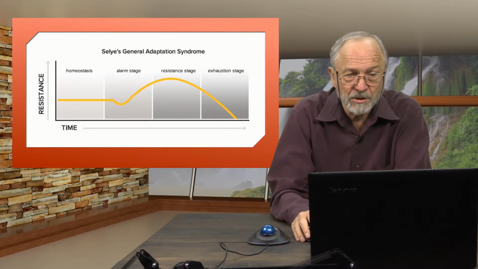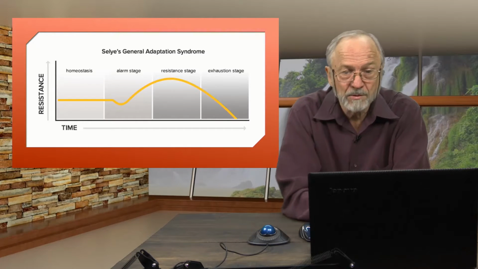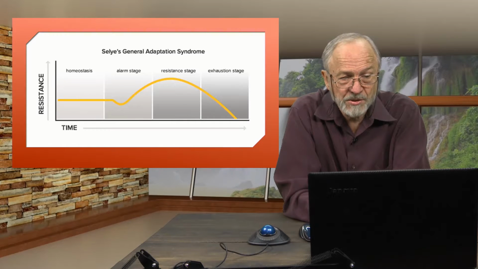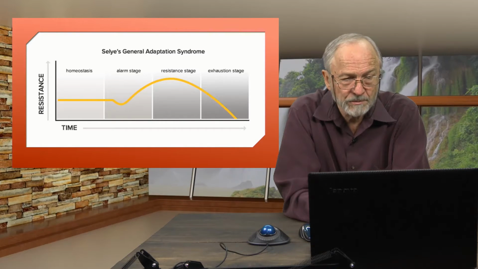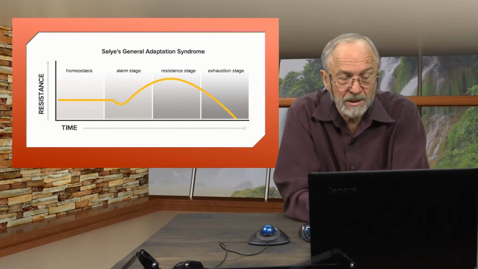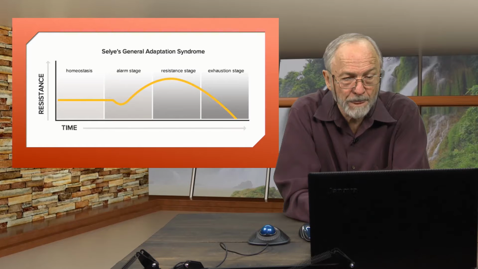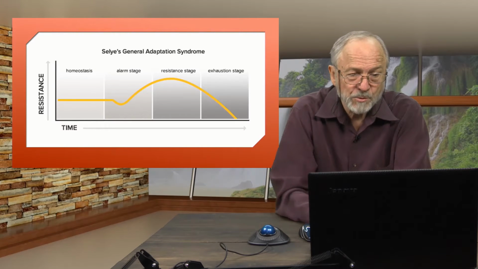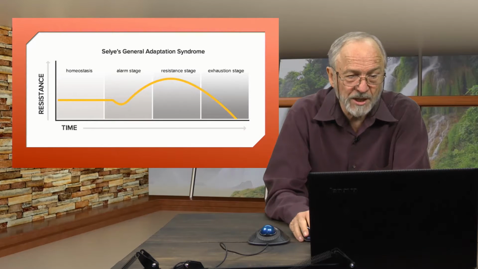But first, let's look at some of the effects of the resistance stage. Allergies, sore throats, sleep disorders, high blood pressure, infections, herpes, arthritis, and lupus. Now let's move on to the exhaustion stage.